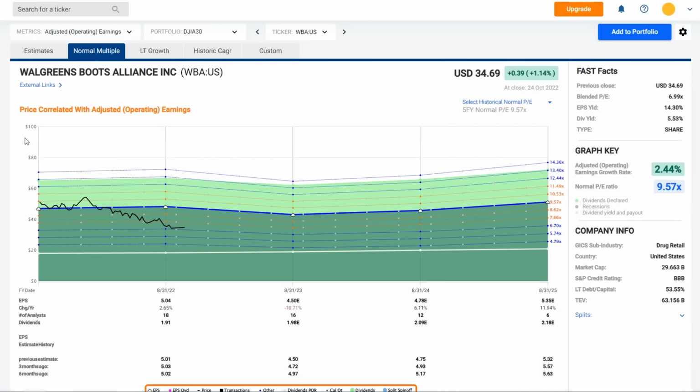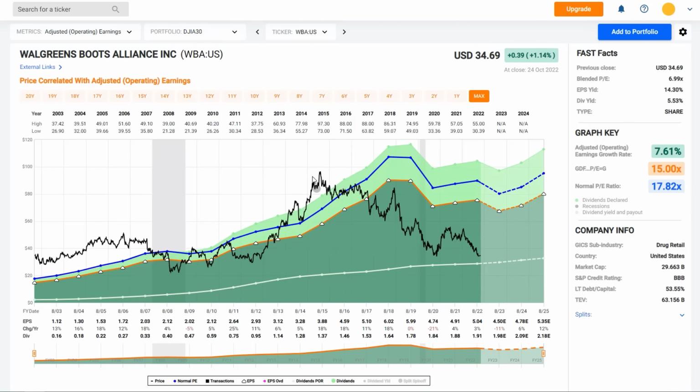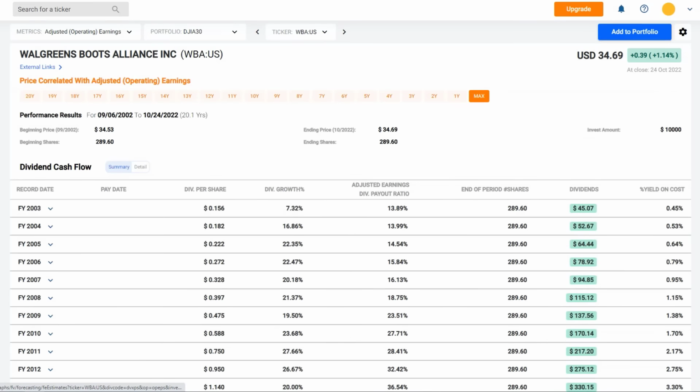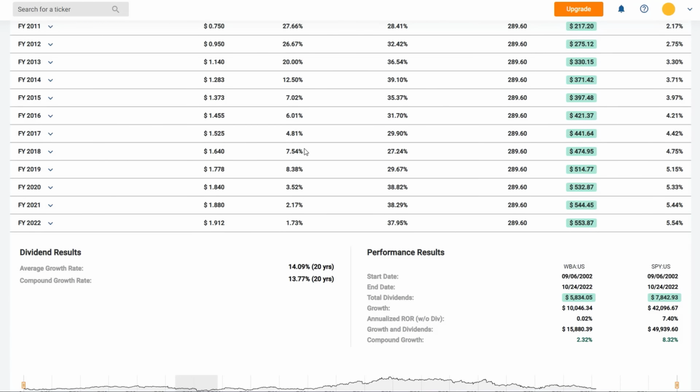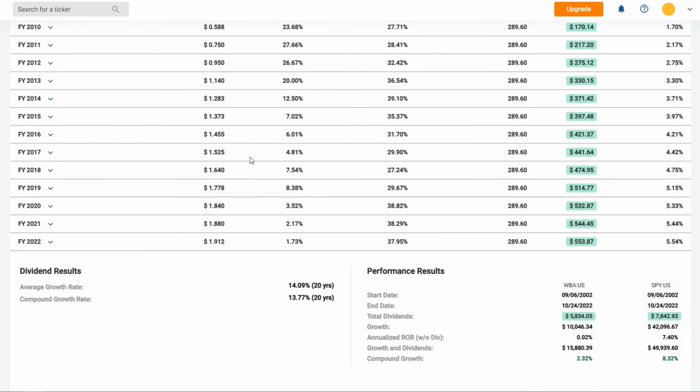Walgreens Boots Alliance has been under a lot of stress lately relative to their stock price. Their fundamentals have been a little choppy, but they are indicating a lot stronger fundamentals than the current stock price would say. The stock's blended PE is 6.9, or we'll call it 7, earnings yield of over 14%, dividend yield of over 5%. And again, the dividend has been growing at very modest rates for the last several years, but its long-term average has been much higher.